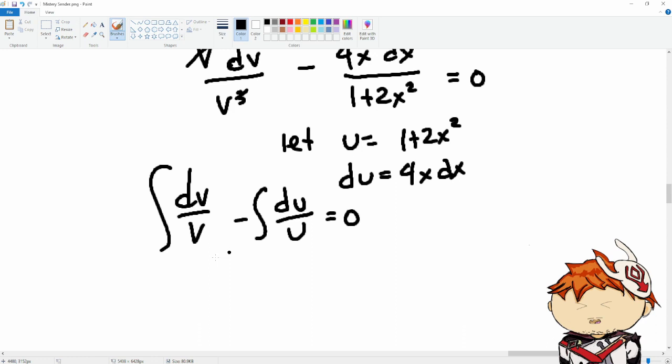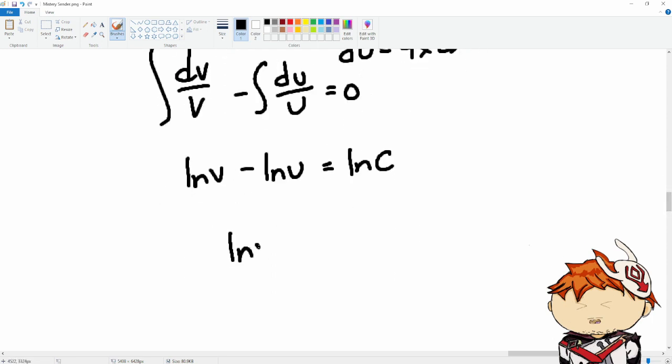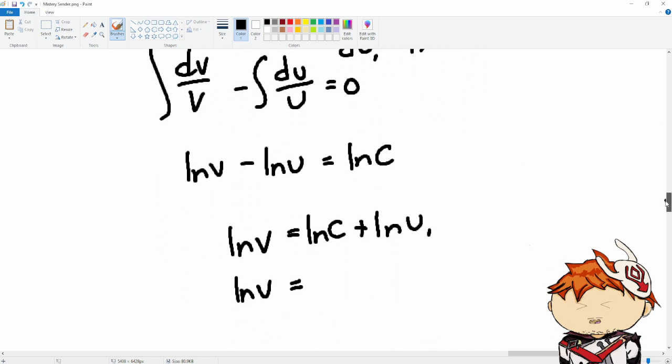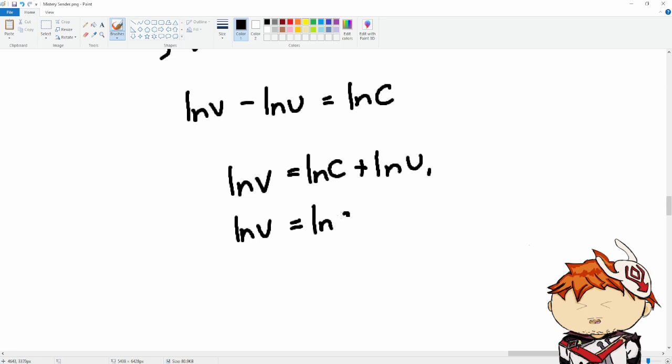Simply integrate: ln v minus ln u is equal to ln c. ln v is equal to ln c plus ln u. I'm going to make this ln u one, because we already have u. Just make sure that you remember what you substituted. ln c u1, raise both sides to e, then that will become ln v.